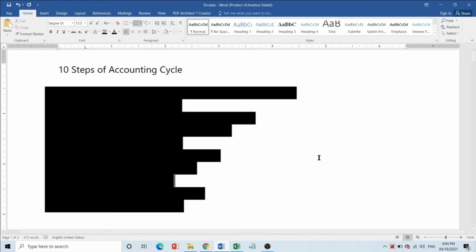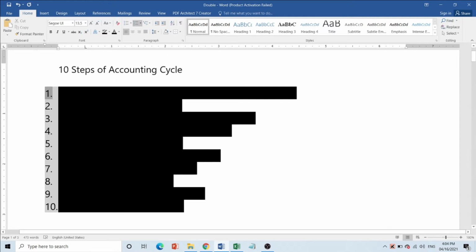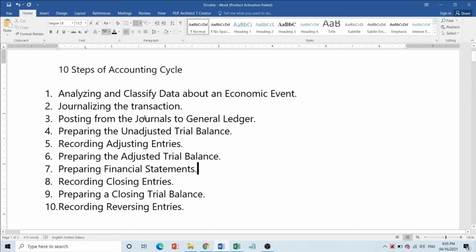matututunan dito. So if you can see dito po sa aking screen, you can see the 10 steps of accounting cycle. So just a review, merong analyzing, journalizing transaction, posting from the journals to the general ledger, preparing the unadjusted trial balance, recording adjusting entries, preparing the adjusted trial balance, preparing FS, recording closing entries, preparing closing trial balance, recording reversing entries.